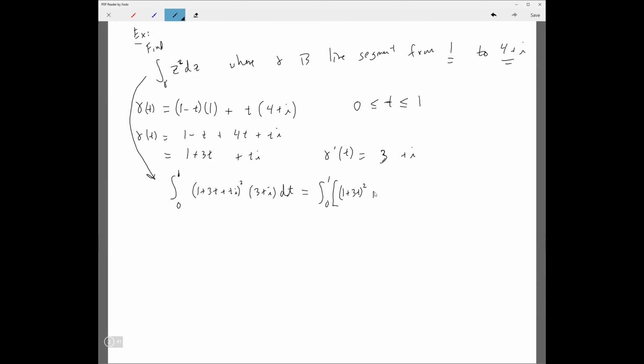Plus 2 times the cross term, plus this squared, which is going to be minus t squared. And then you still have to multiply by 3 plus i. Oh, ouch. But you guys kind of get the picture. I can continue, I guess.